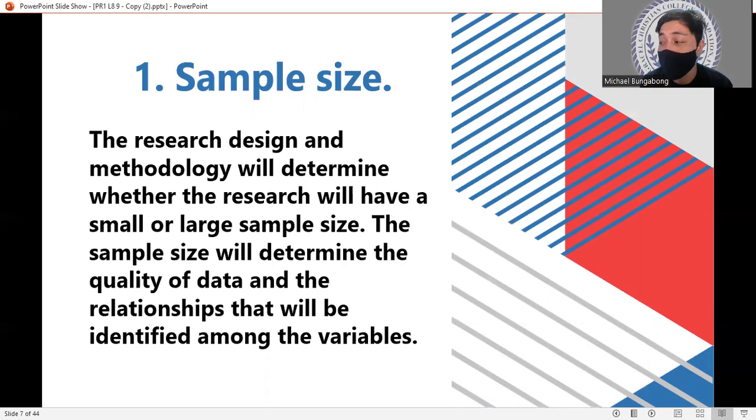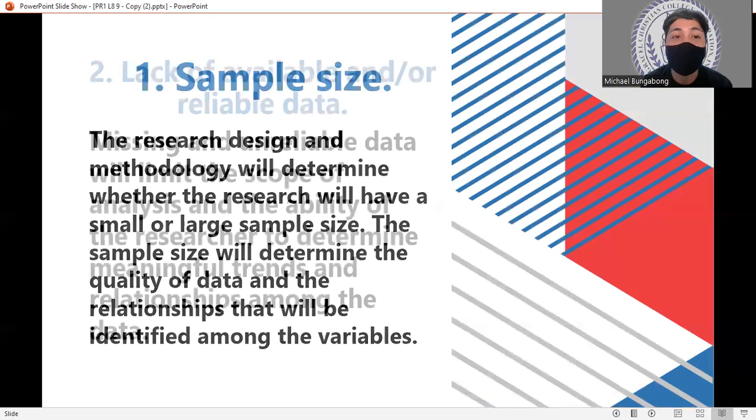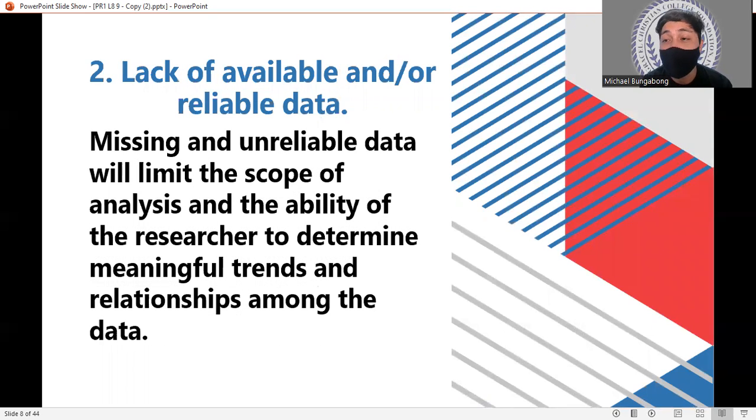So usually there are ways to get the right sample size that you need in your own study. So I think we will have a separate discussion for that. Usually pag nandun na tayo sa mga chapter 4 or chapter 5 of your research, kahit na sa chapter 3, pwede na natin pag-usapan yan.